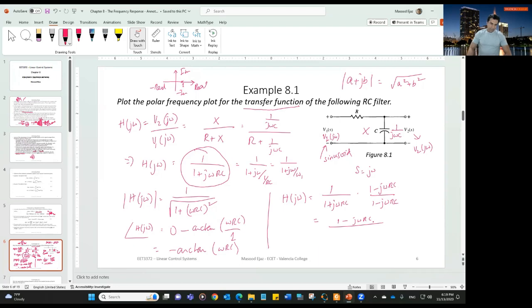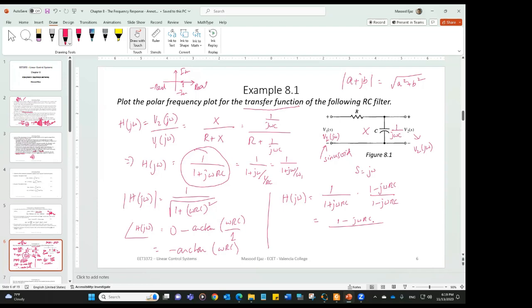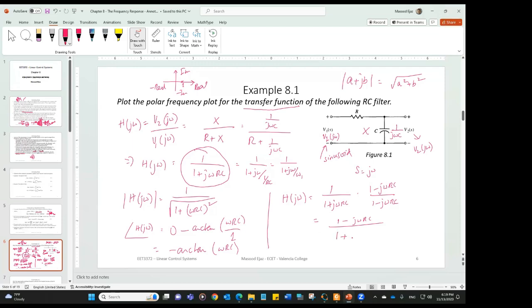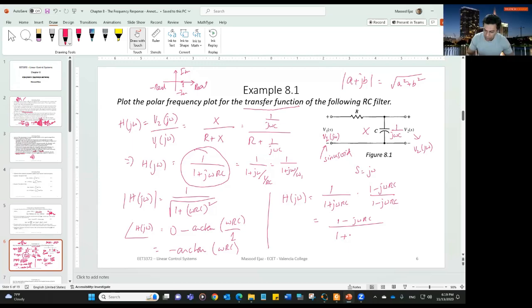And what will be the denominator of this? 1 plus j omega RC.